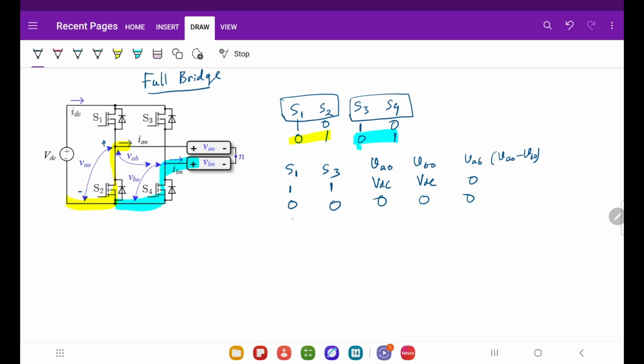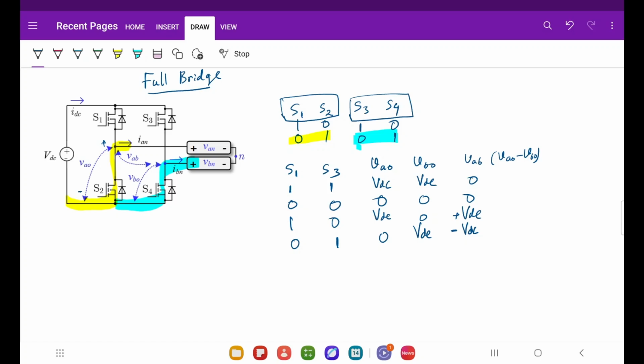Now if S1 is 1 and S3 is 0, then we will get this as VDC and this as 0, so we will get positive voltage level plus VDC. And if S1 and S3 are 0 and 1, we will get this as 0 and this as VDC, so we will get minus VDC. So by this we can get voltage levels 0, 0, plus VDC, minus VDC.